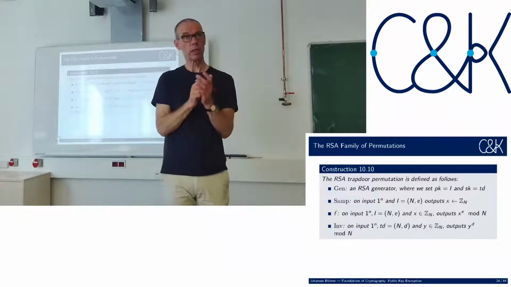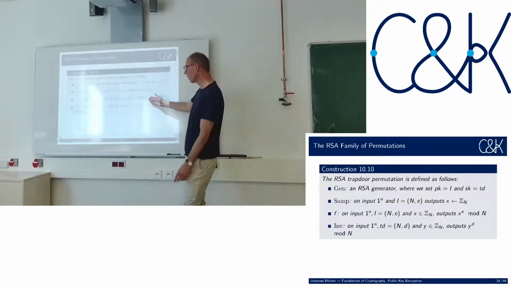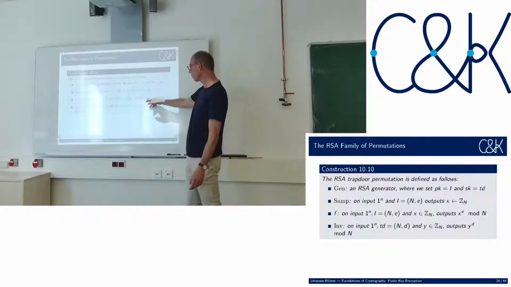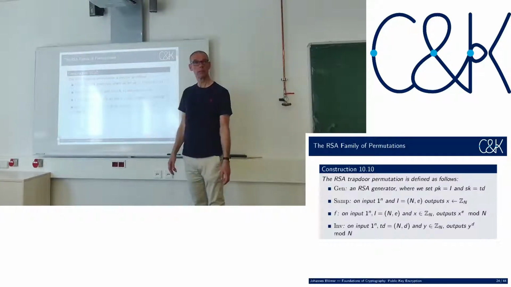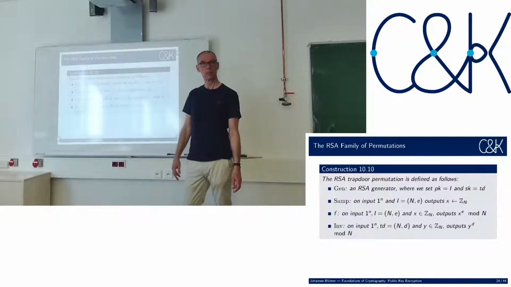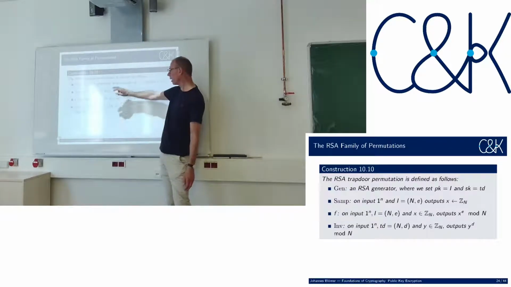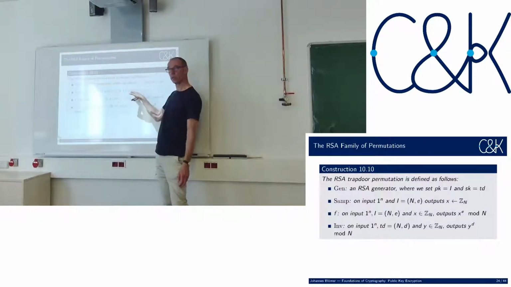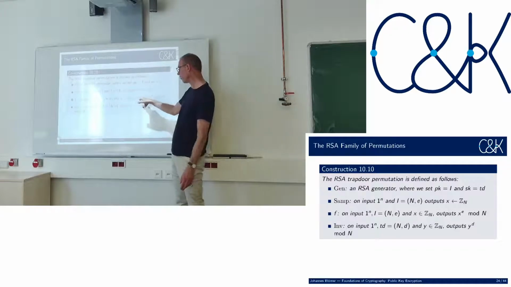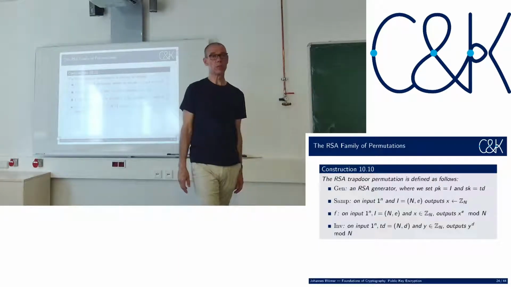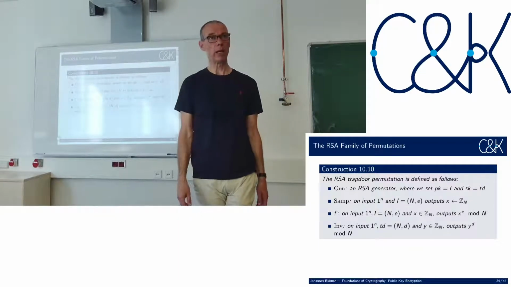The function itself, given by F, simply outputs x to the e mod n. So the description parameters are (n, e), the sampling simply outputs a uniformly random element, and F simply computes the e-th power mod n of the argument x.